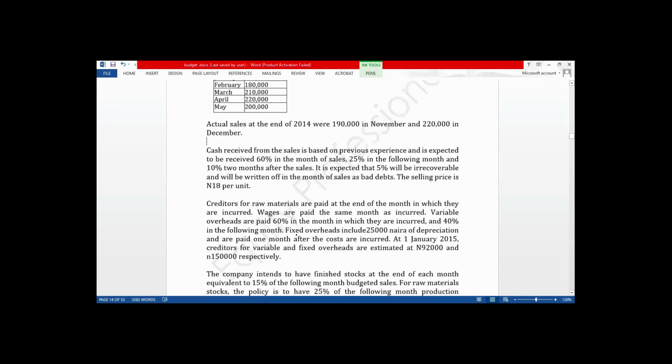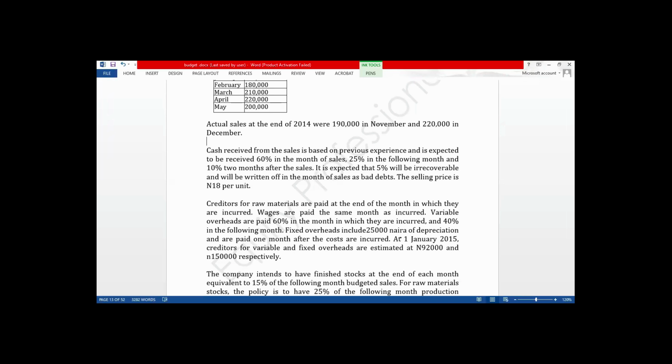Now come here. Fixed overhead includes 25,000 naira of depreciation and are paid 1 month after the costs are incurred.